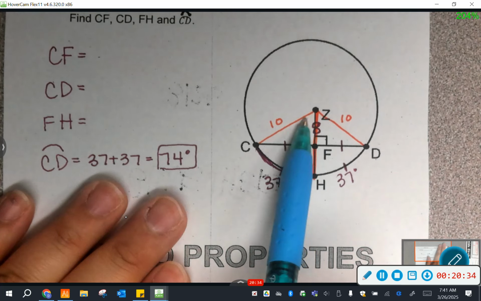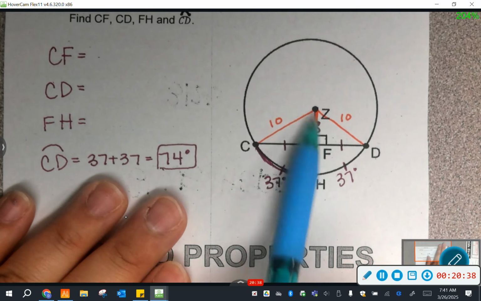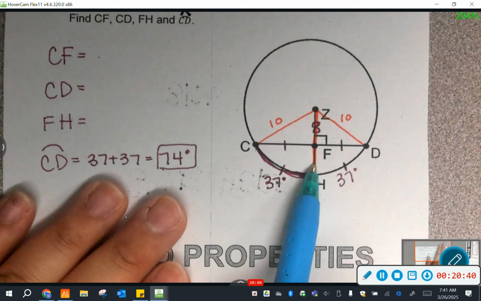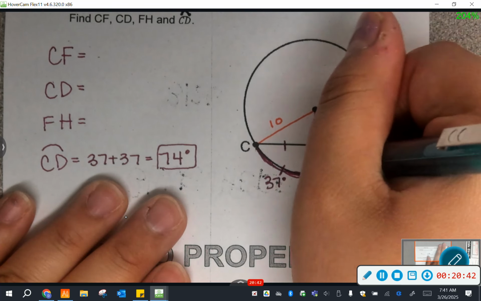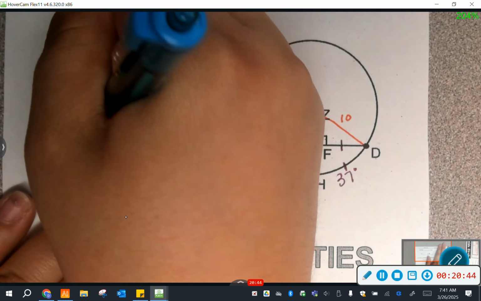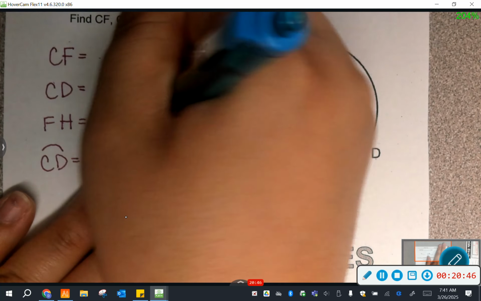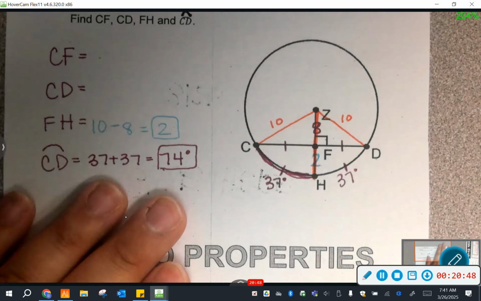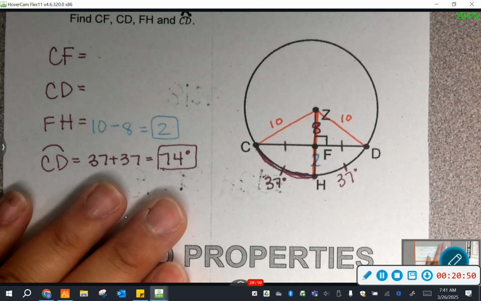We said the whole thing was 10. Remember, don't you agree Z to H is the radius? So if the whole thing is 10 and that's 8, what does this have to be? 2. Does everybody see that 10 minus 8 equals 2 is my answer? You are subtracting from the radius. That one is tricky.